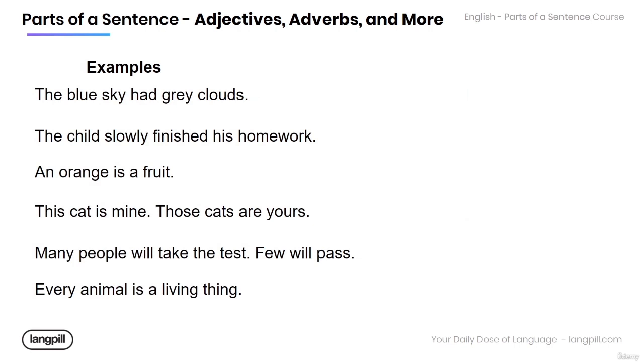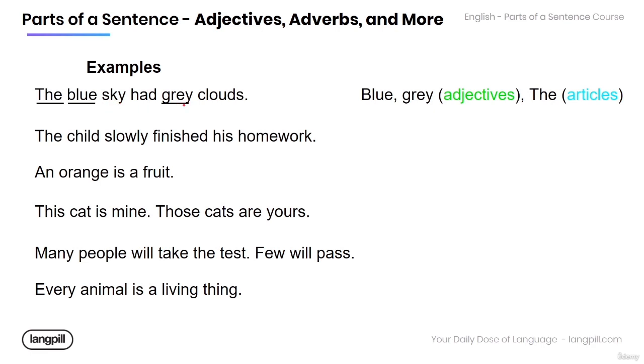So let's go over some example sentences, see if we can point out some of these new parts of speech that we learned. So we have the blue sky had gray clouds. So we have blue and gray. These are going to be adjectives, right? Blue is an adjective describing sky, the blue sky.